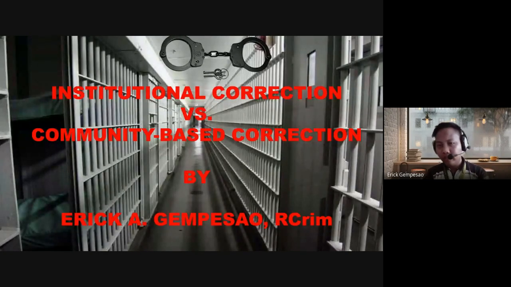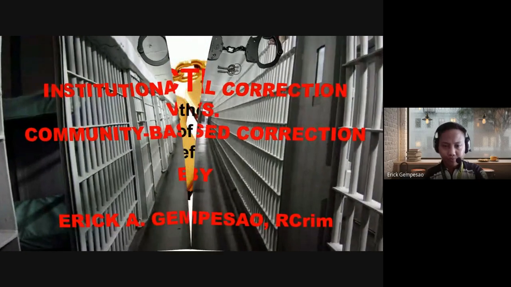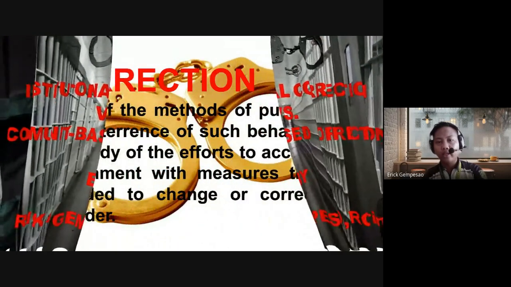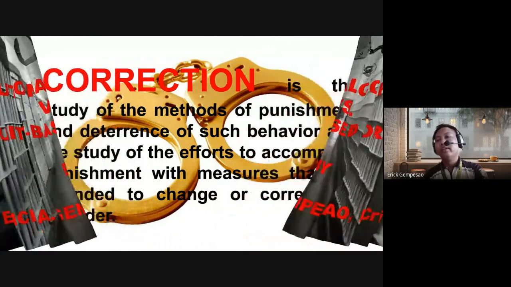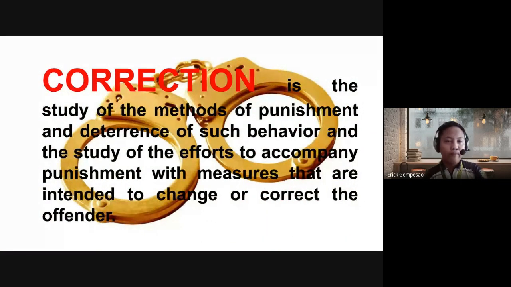Actually, this topic is about approaches, the two types or two approaches in correction. Again, institutional and community-based correction are the two approaches to correction. So let us first define what is correction.